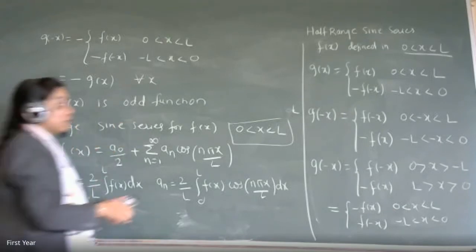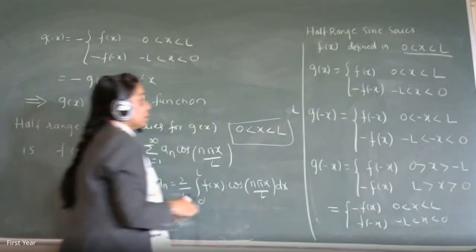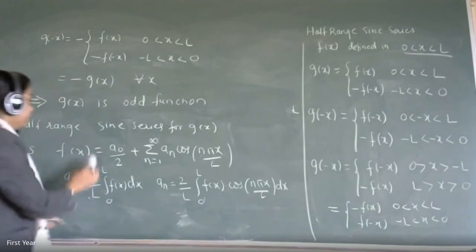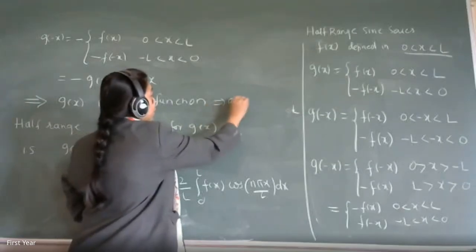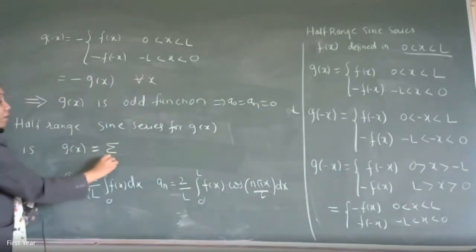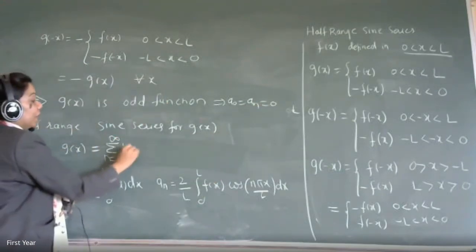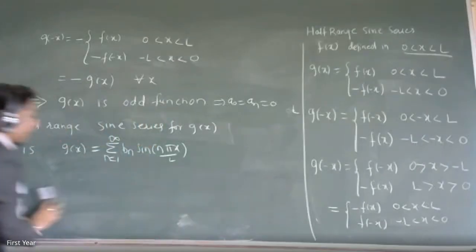Right now, I'm writing for g of x, and then we'll see what happens for f of x. g of x is equal to, a naught will be 0 and an will be 0, only bn will exist. So the summation n from 1 to infinity bn sine of n pi x upon l. Very good. Everyone is getting it? Okay. And therefore, what will be bn?